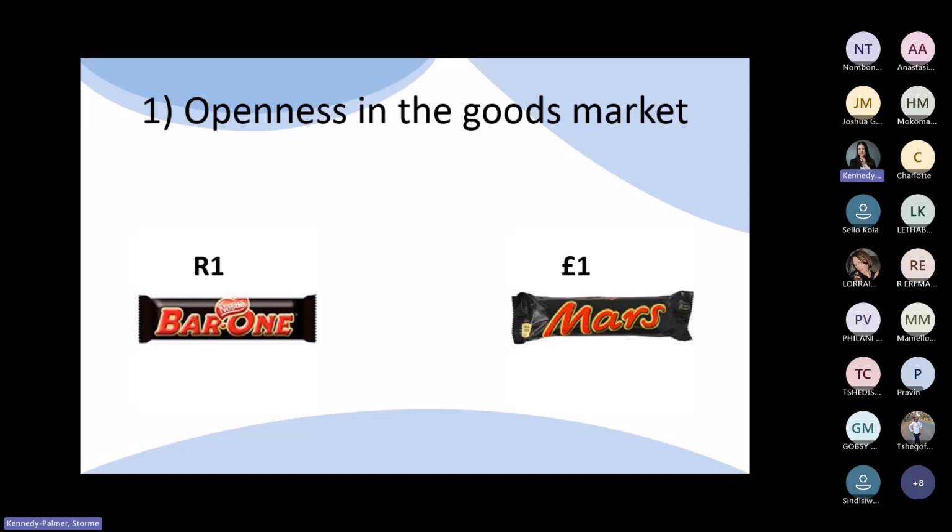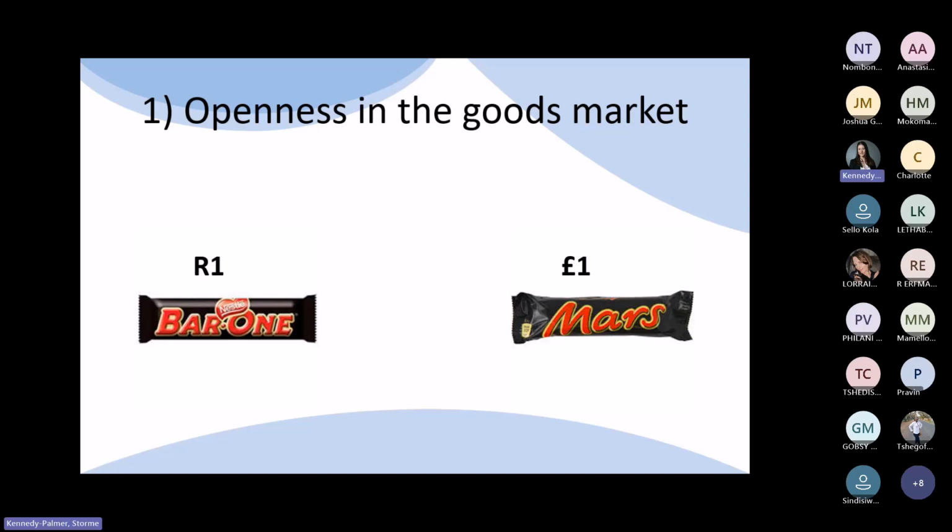The cost of the Bar One depends on the domestic price level, i.e. the local costs of its ingredients like the milk, the sugar, the labor, and the other inputs for the final product. And likewise, the cost of the Mars bar depends on the foreign price level. Therefore, an increase in the domestic price level will increase the cost of the Bar One, and an increase in the foreign price level will increase the cost of the Mars bar.